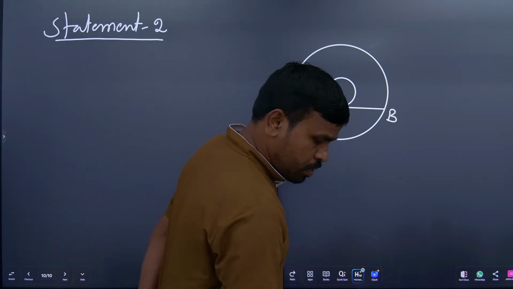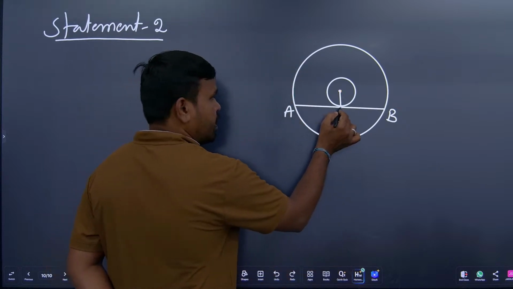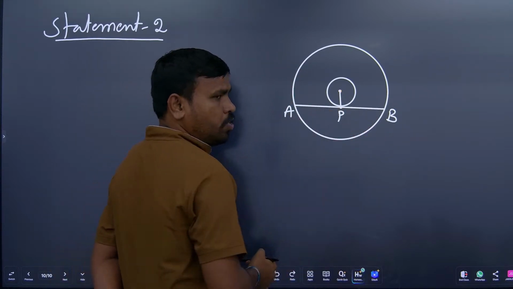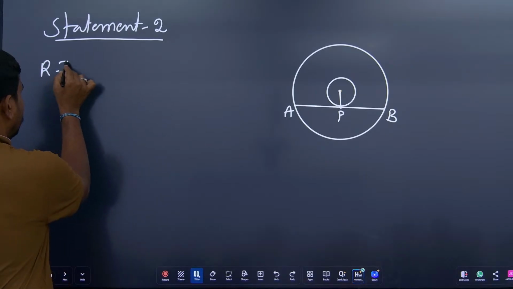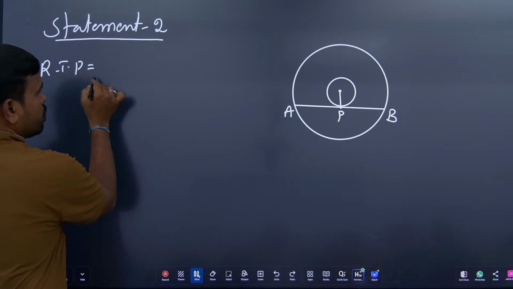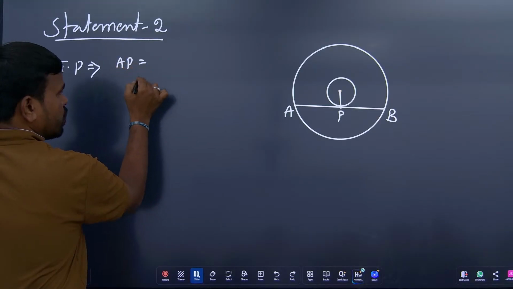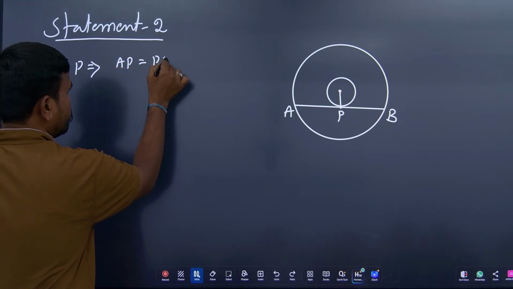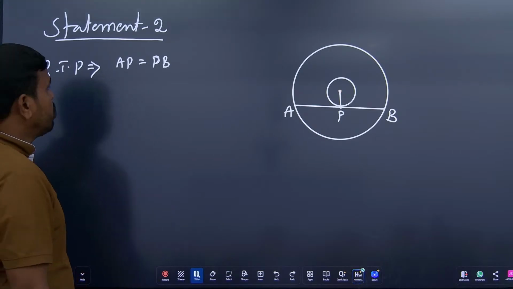Now, the point of contact divides AB into two equal parts. That means RTP is what? AP is equal to PB.